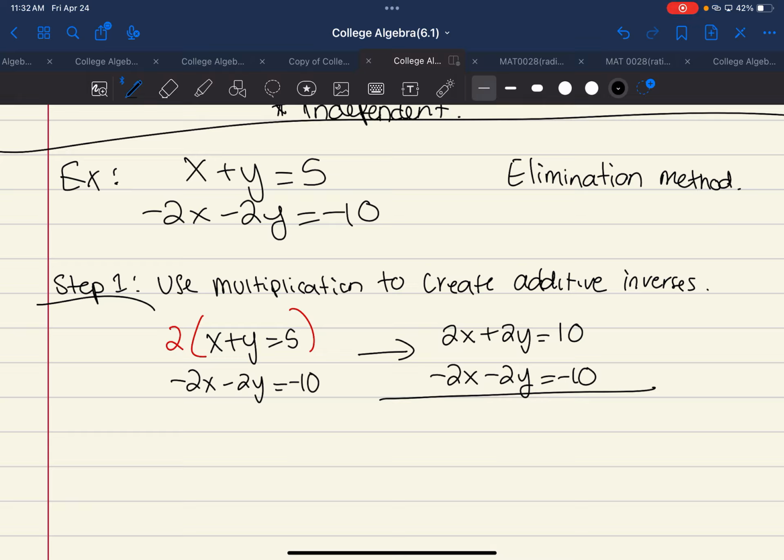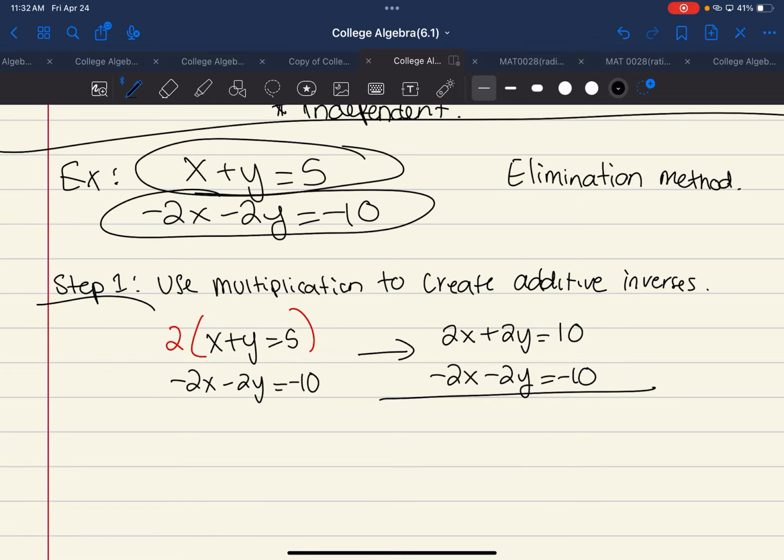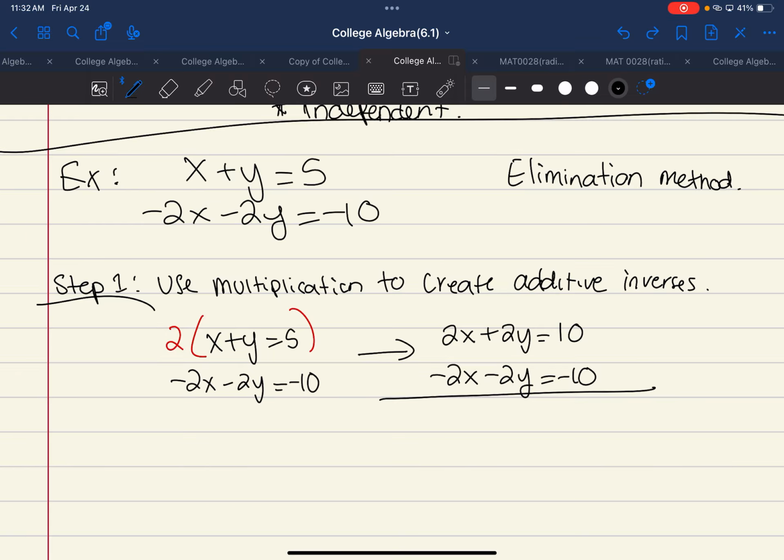Now notice that these are exactly the same equations, just one's negative. That's a huge indicator that these are going to be the same line. If one equation is a multiple of the other equation, then it's automatically the same line. So actually I could have seen that from the very beginning, because this equation is a multiple of this equation by a factor of negative 2. Anytime they're multiples of each other, they're the same line.